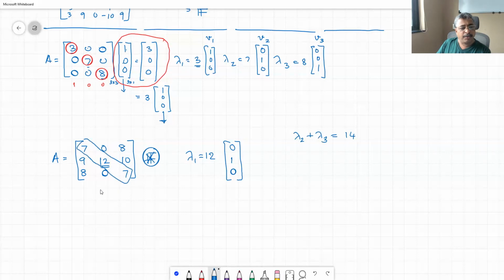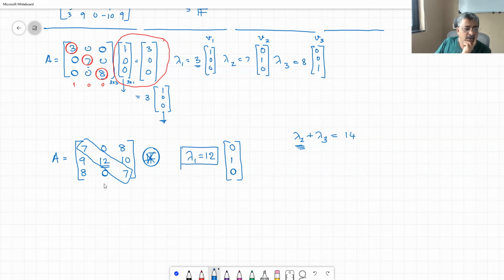And if you find the determinant of this matrix, see, there is no shortcut for finding the remaining two. Maybe you will have to work hard for finding lambda 2 and get the corresponding eigenvectors. But this is very easy. This will work.